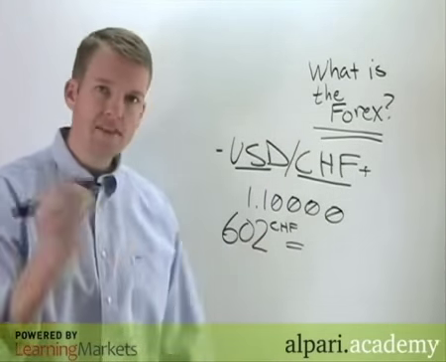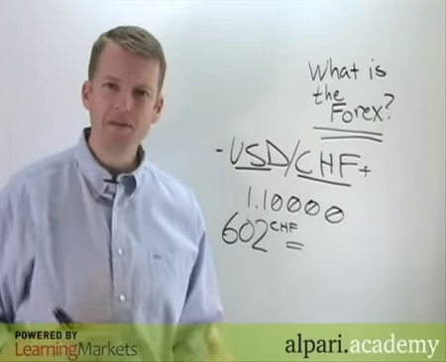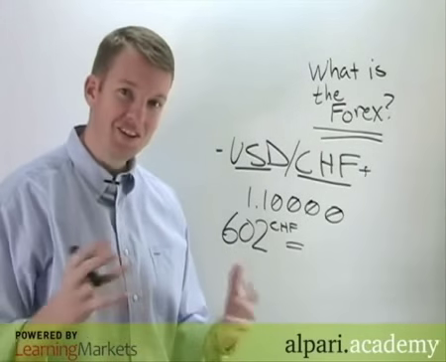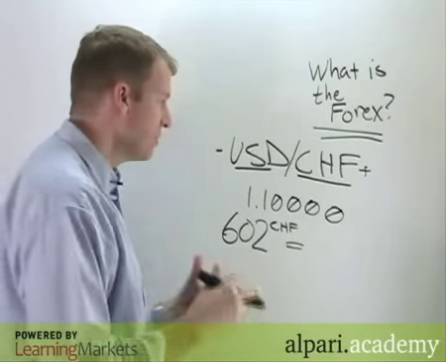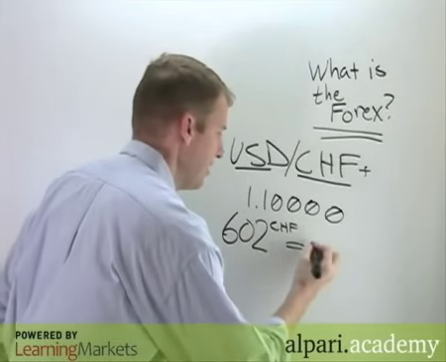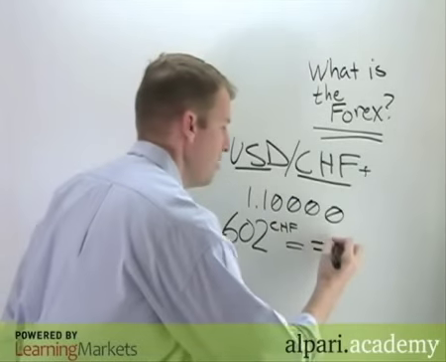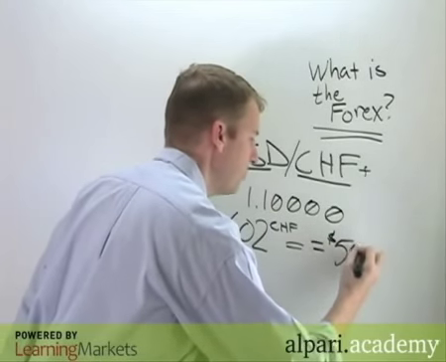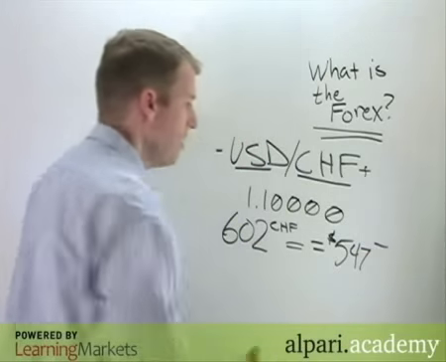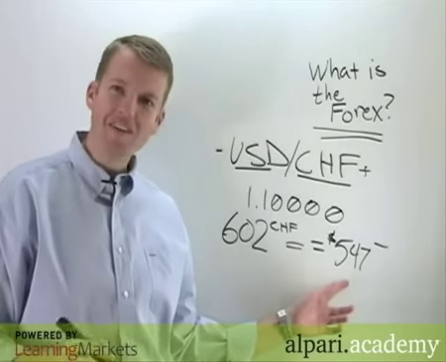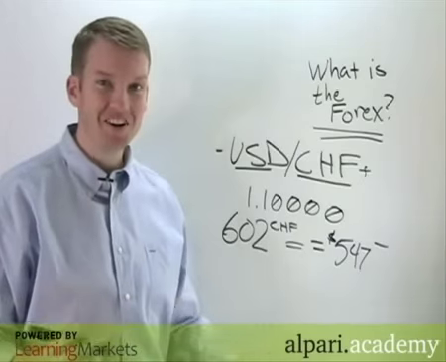And now you might think, well, we live in the U.S., that must be a bad thing for us. Well, not necessarily, and this is something that's hard to wrap your head around when you first learn it. If we convert this 602 francs at our new exchange rate, we get back $547. That means we just made a profit on our vacation of 10%, at least on our spending money.